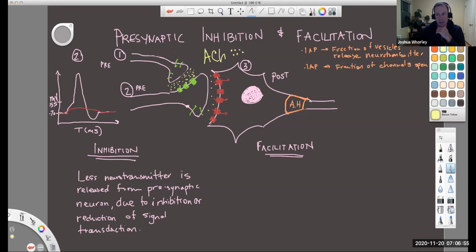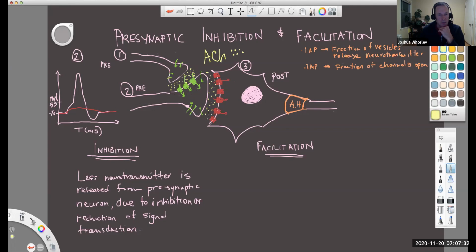So now we get an influx of calcium here, just a millisecond, for example, before another action potential arrives here and causes additional influx of calcium. So now we have more calcium than normal in this presynaptic neuron, because these other channels that are permeable to calcium were opened. That leads to more neurotransmitter being released from this presynaptic cell number 2.